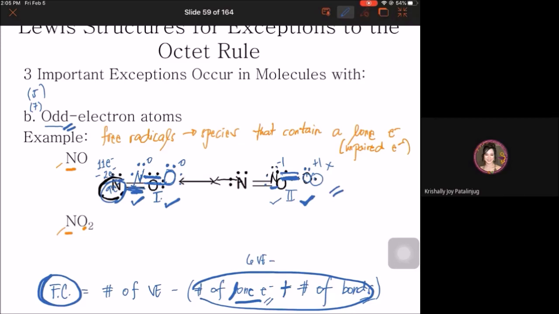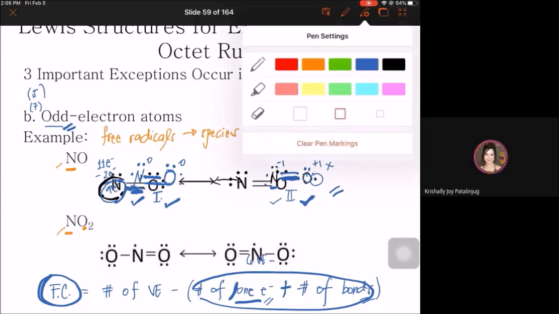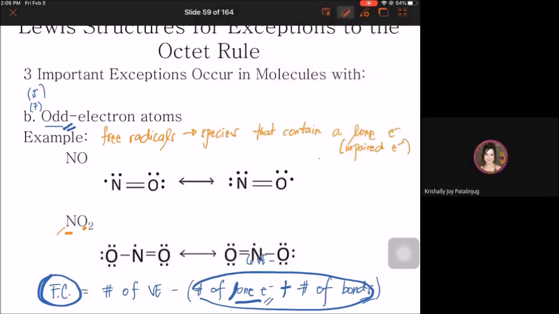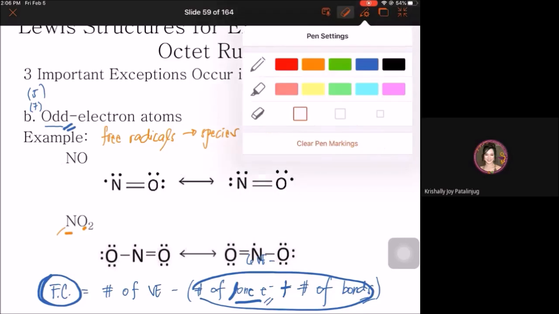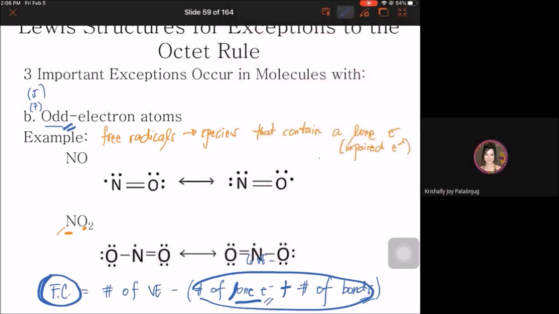Okay? Sige. So, erase ko ha. Ayan. Then, the same with the molecule nitrogen dioxide. Okay? Ganun lang din yung mangyayari sa central atom na nitrogen.